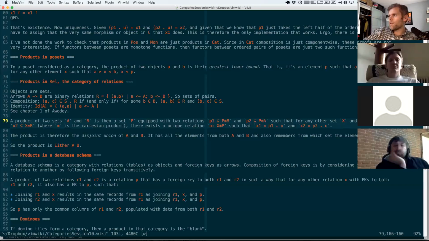But that also makes all of this work, because there's definitely going to be this composition. You're always going to be able to find a value of type A that connects P1 and U, because all of the A's are in there. And same with this side: you're always going to be able to find an element of type B that makes this work, because all of the B's are in P. Great.